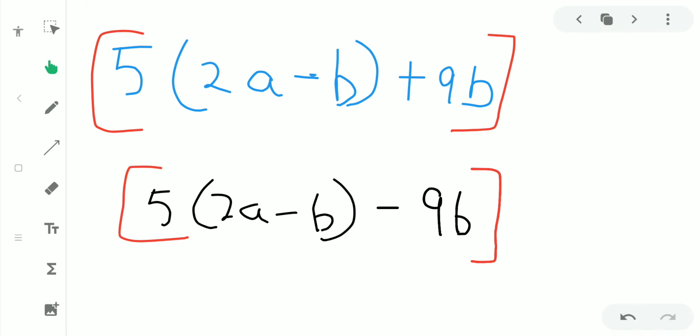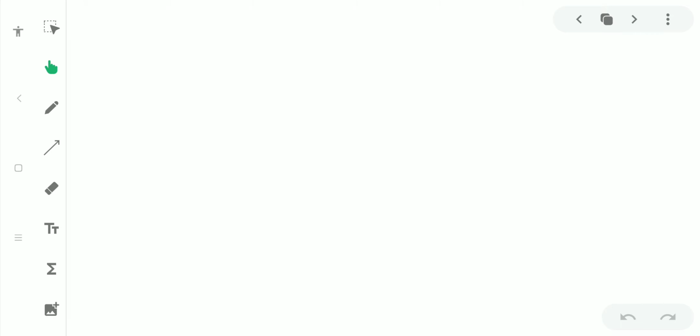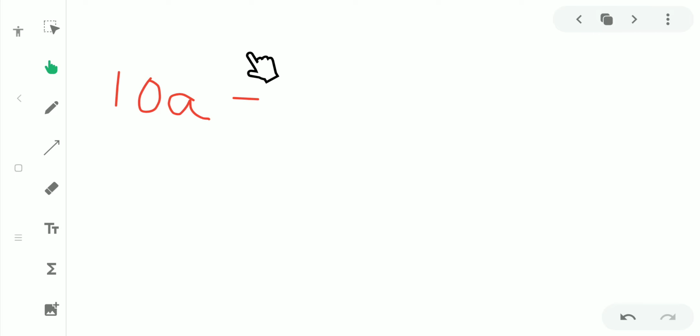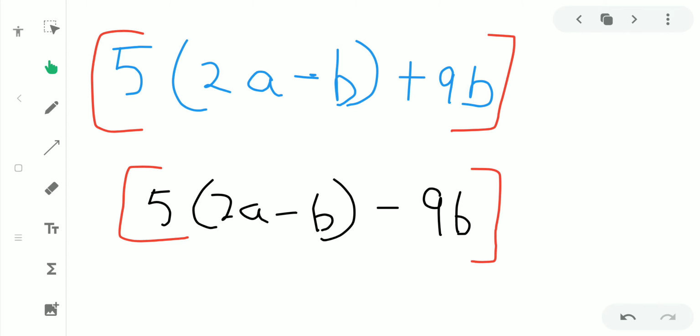So now just open the brackets, that is we should multiply 5 with both the terms 2a and minus b. So 5 into 2a is nothing but 10a, minus 5 into b, minus 5b, and we have plus 9b.